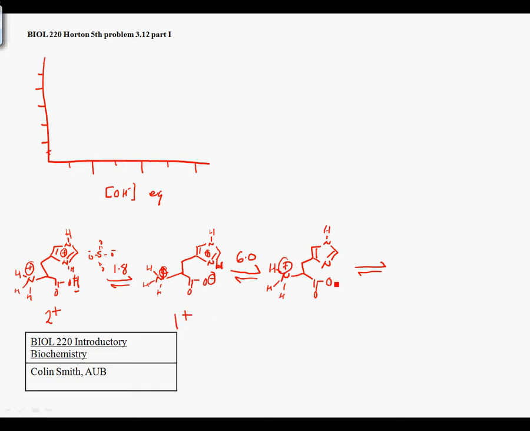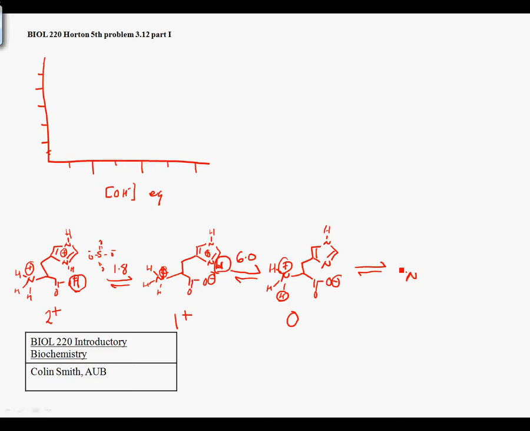Now we have, I keep on leaving out these charges, a neutral form. And now the last proton, so which proton was it? It was this proton, then it was this proton, and now it's going to be one of these protons.